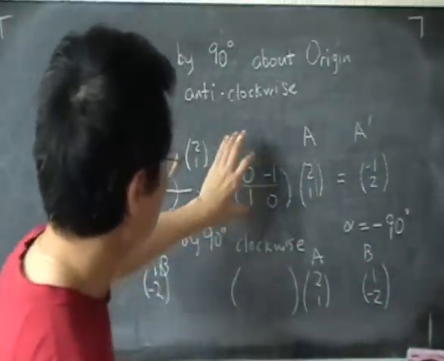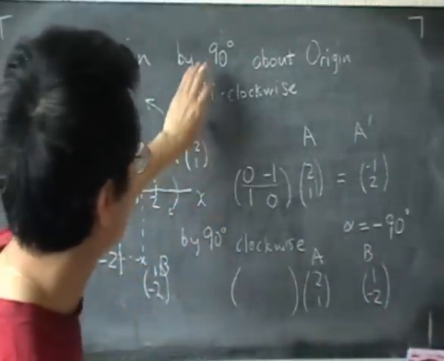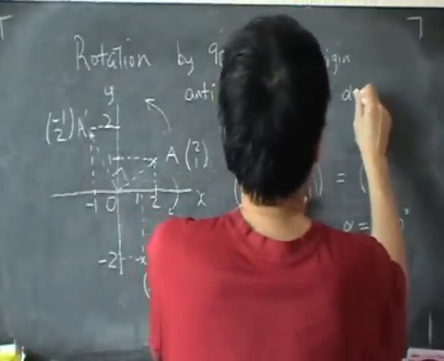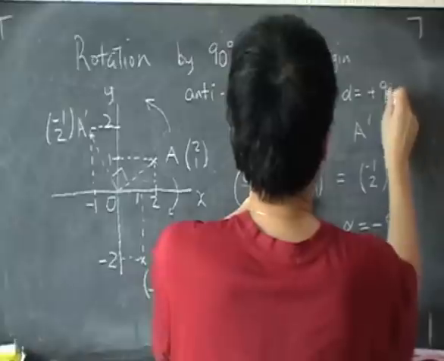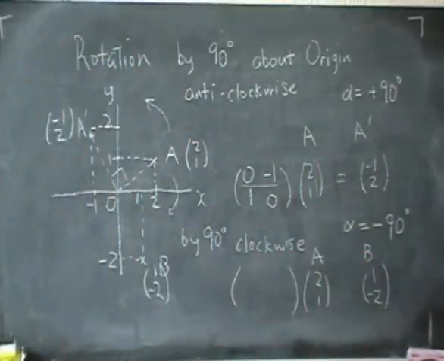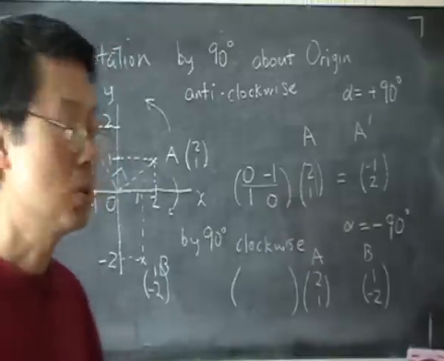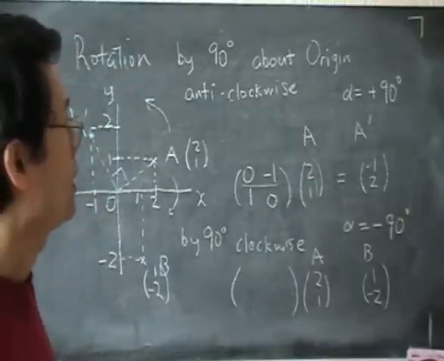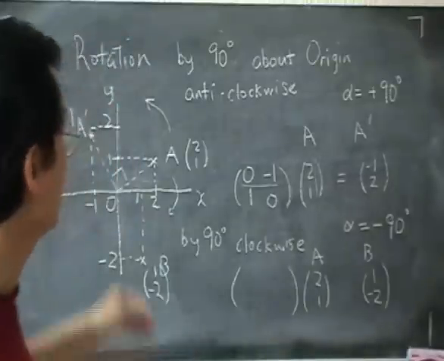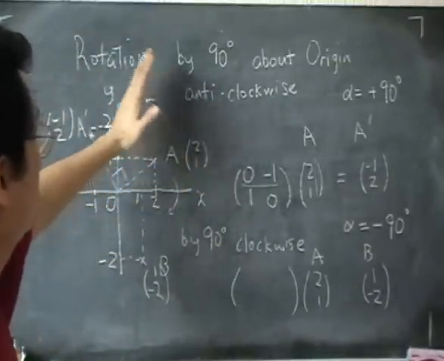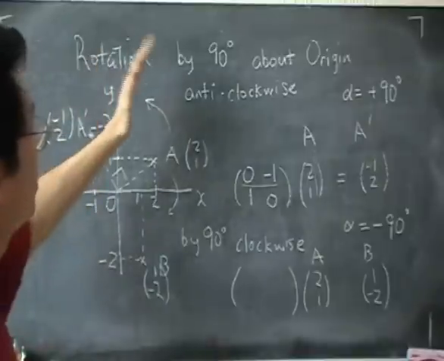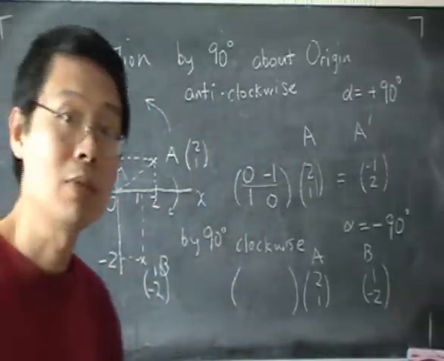Previously, for 90 degrees anti-clockwise, we would use alpha equals plus 90 degrees. That's actually a convention, a way to use the formula. Because by default, the understanding is that a rotation anti-clockwise is a positive angle, clockwise is a negative angle.